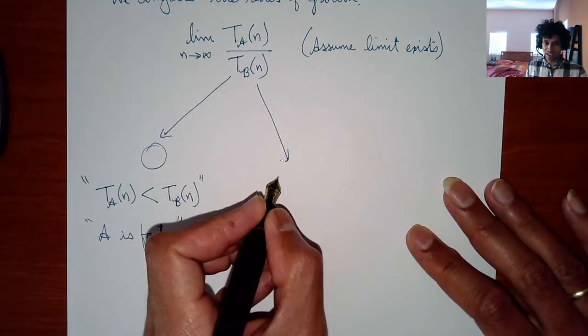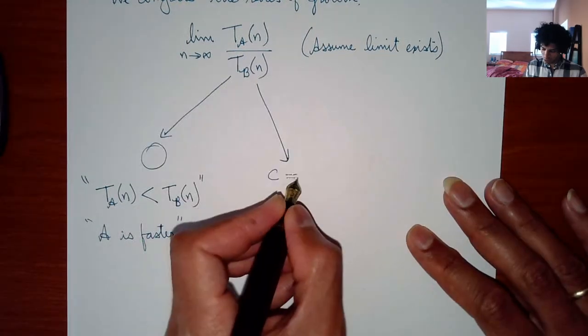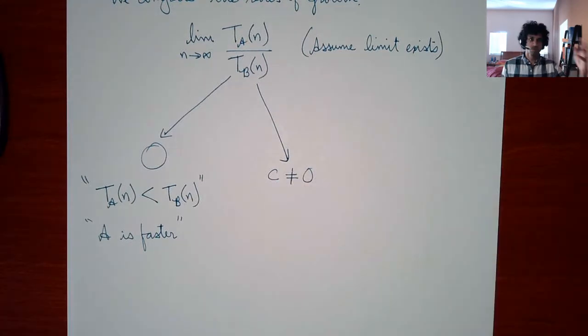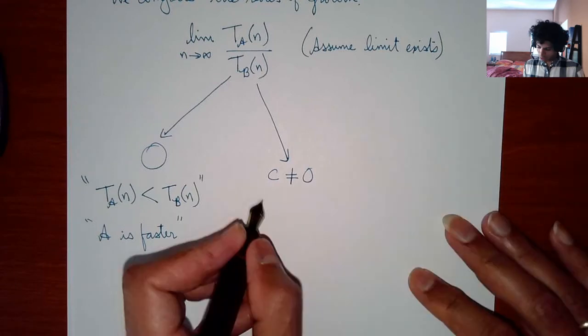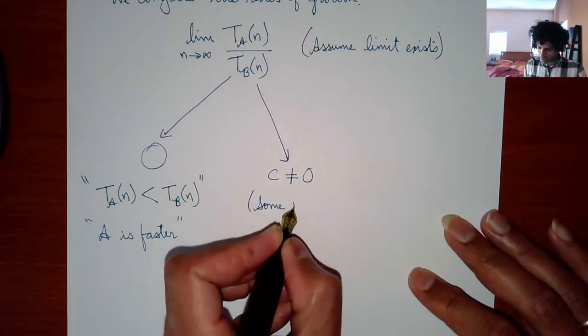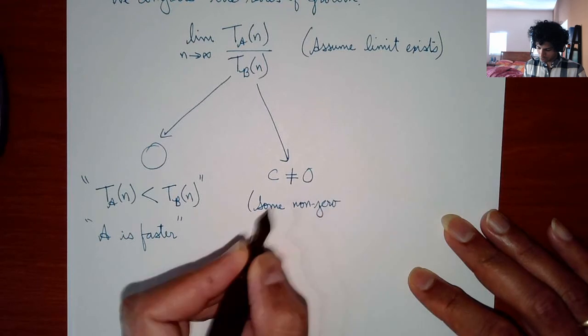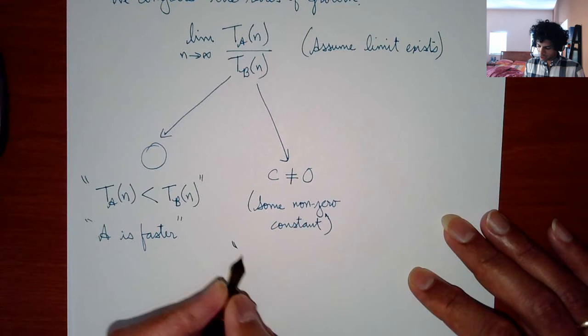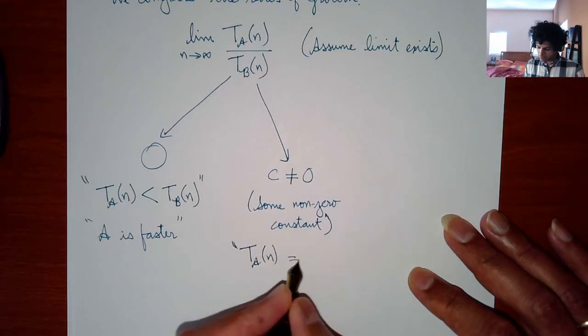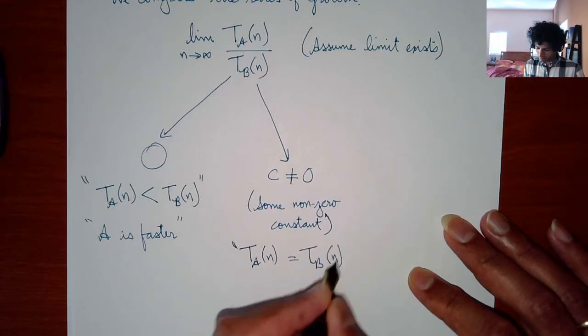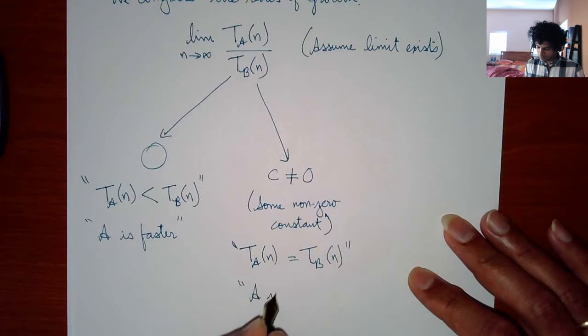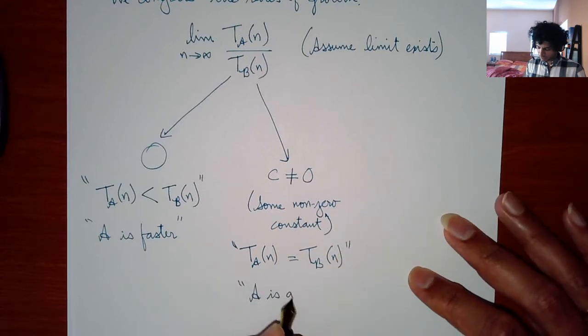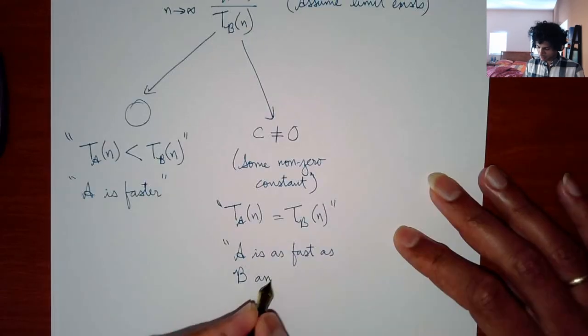The second option is that the limit is a constant which is not 0. So the limit is 1, 2, 3, root 5, pi, whatever have you. So it's some non-zero constant. In this case, we are going to interpret this as saying the algorithms are basically the same asymptotically. A is as fast as B, and vice versa.